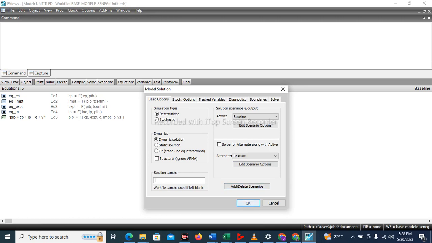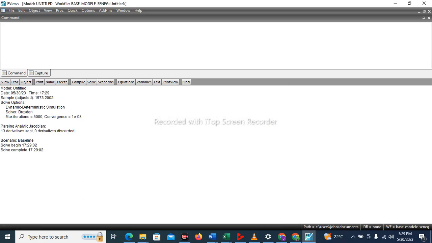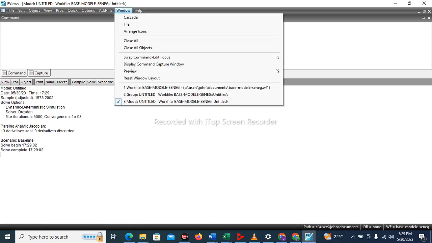So once you are certain everything is okay, if your equations were perfect, then the model will run perfectly. Of course, very fast. You can see here we have a solve, and the solve is complete. So we don't have any issues with our model.